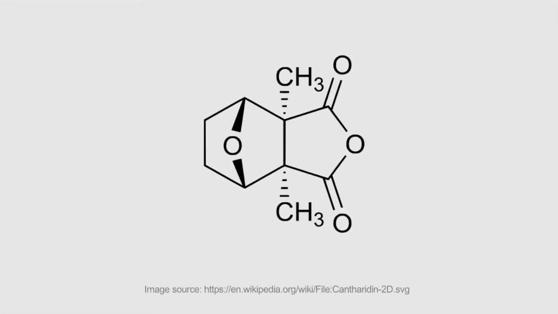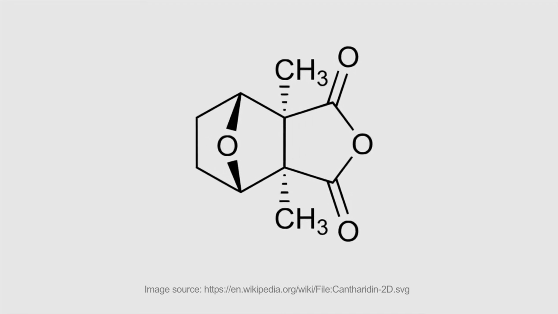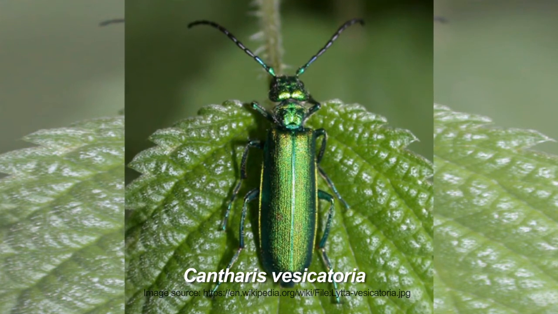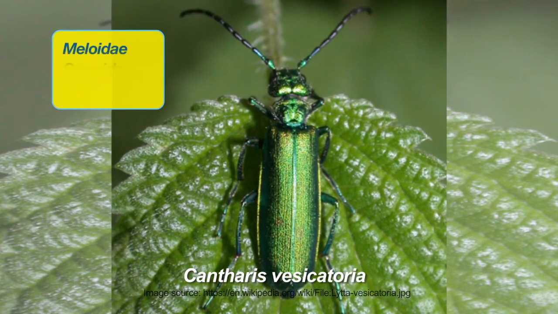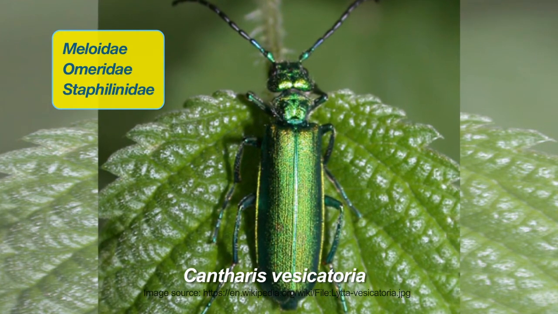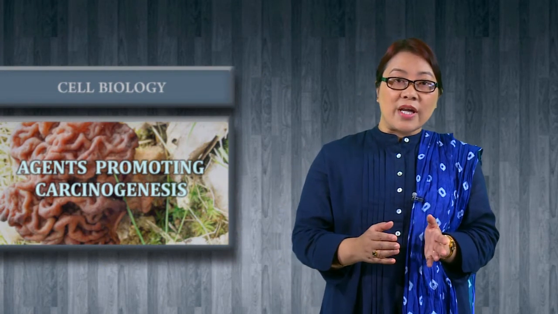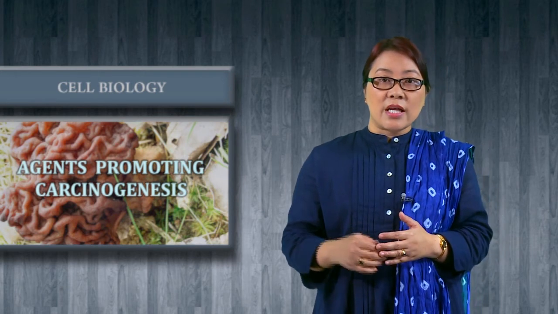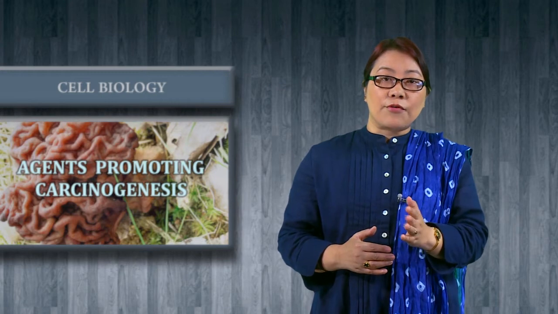It is the active principle of the drug called cantharides obtained from insects like Cantharis vesicatoria and other insects from the Meloidae, Oedemeridae and Staphylinidae families. Skin painting with cantharidin in nude mice induces papillomas, squamous cell carcinomas, reticular carcinomas, and/or malignant lymphomas.